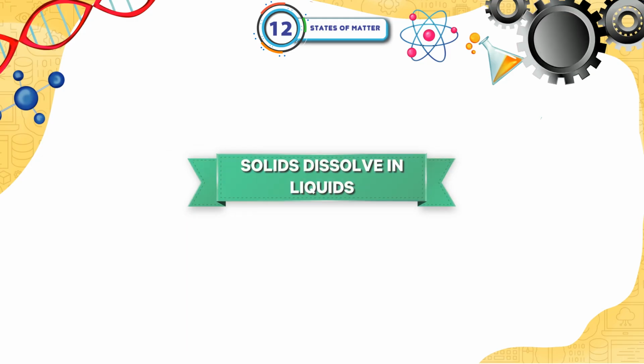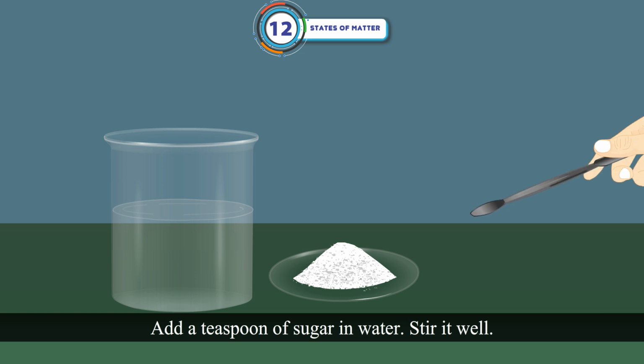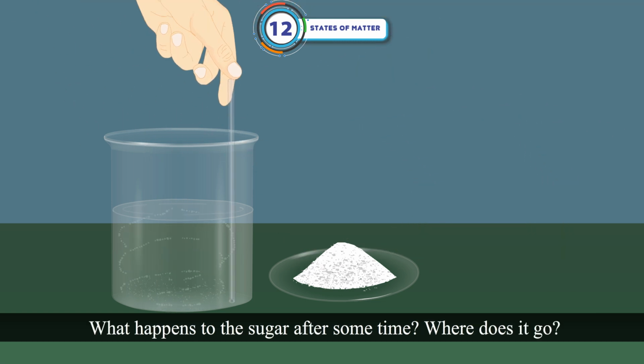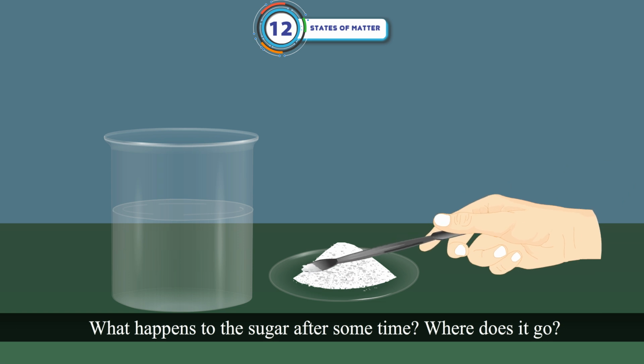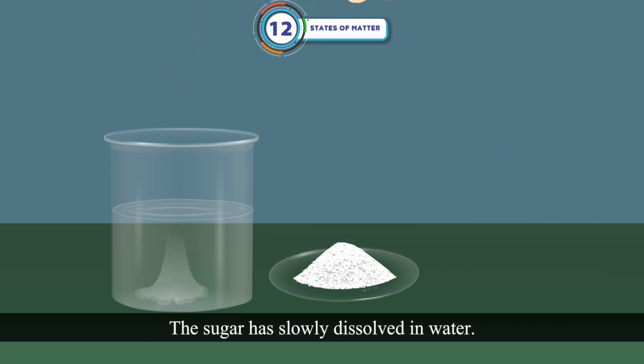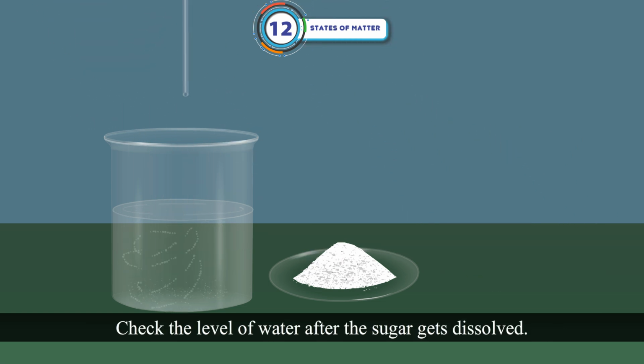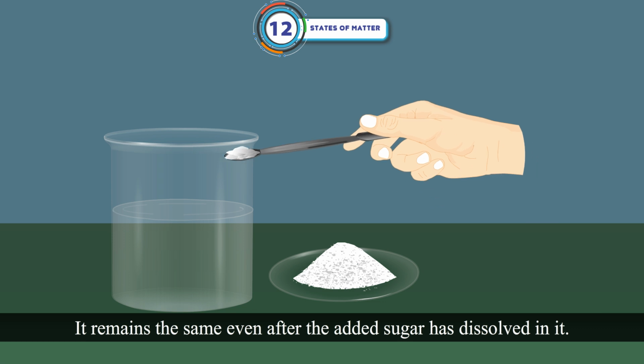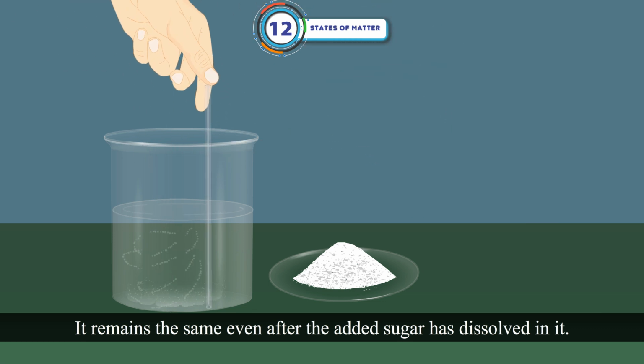Solids dissolve in liquids. Add a teaspoon of sugar in water, stir it well. What happens to the sugar after some time? Where does it go? The sugar has slowly dissolved in water. Check the level of water after the sugar gets dissolved. It remains the same even after the added sugar has dissolved in it.